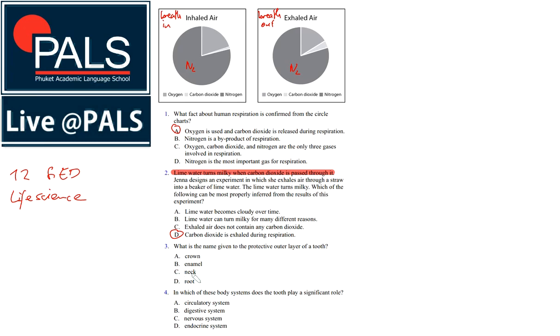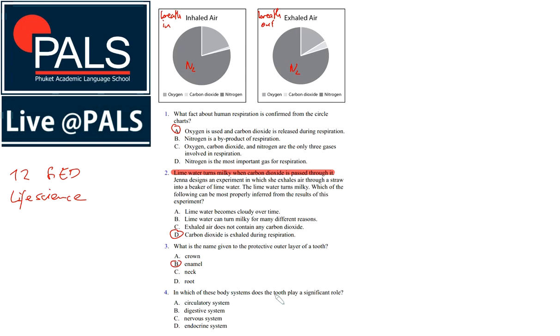Actually, neck is not a part of the tooth, but the root is, the crown is, the enamel is as well, and the outer layer of the tooth is called the enamel. The crown is the visible part, the top part of the tooth, and the root is the part of the tooth that anchors it into the jawbone.